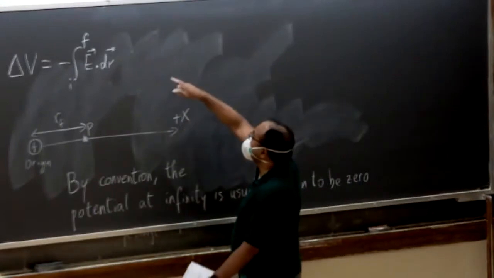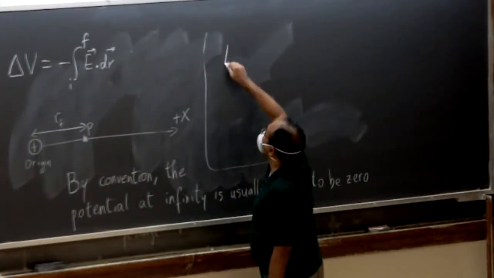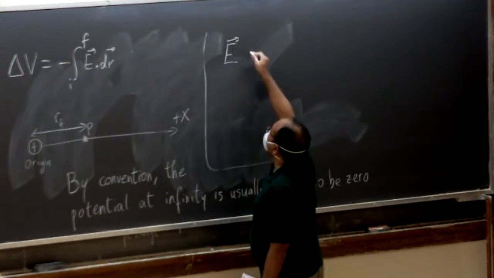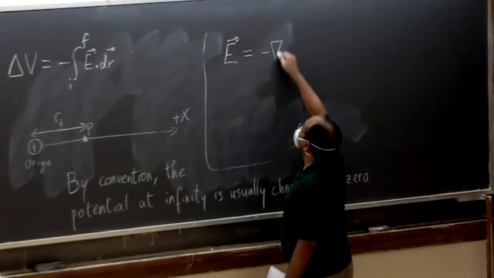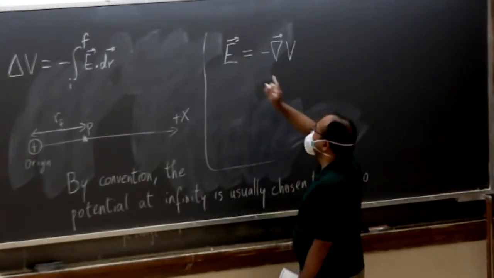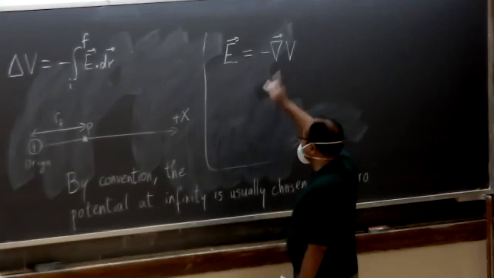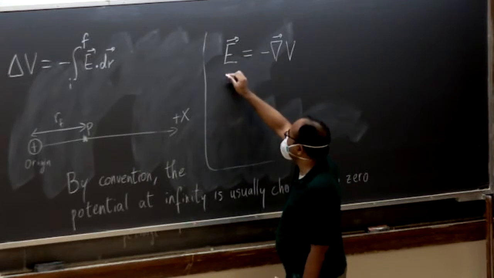So we have delta V like that. The other direction, what we can say is that E is the negative gradient of V. Now, I want to point out two connections here. One is we saw the gradient the other day in terms of potential energy.